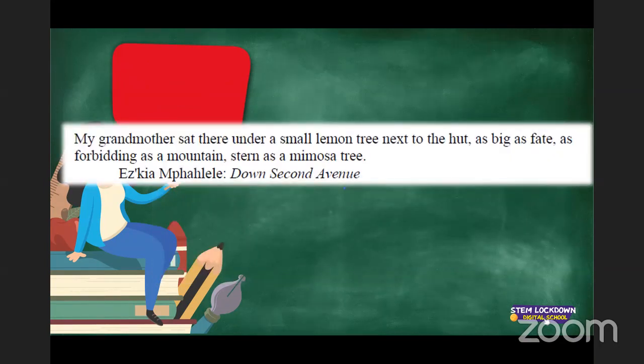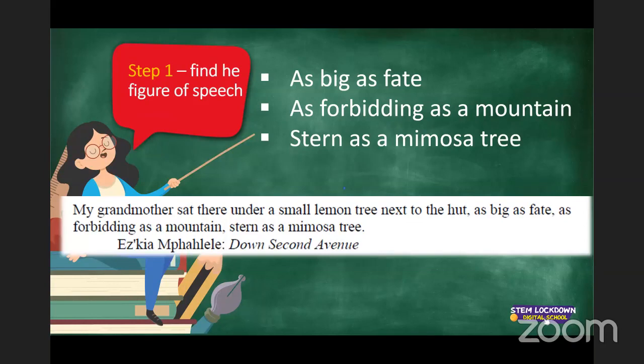So we look at the text: My grandmother sat there under a small lemon tree next to the hut, as big as fate, as forbidding as a mountain, stern as a mimosa tree. For step 1, we find the use of a figure of speech.